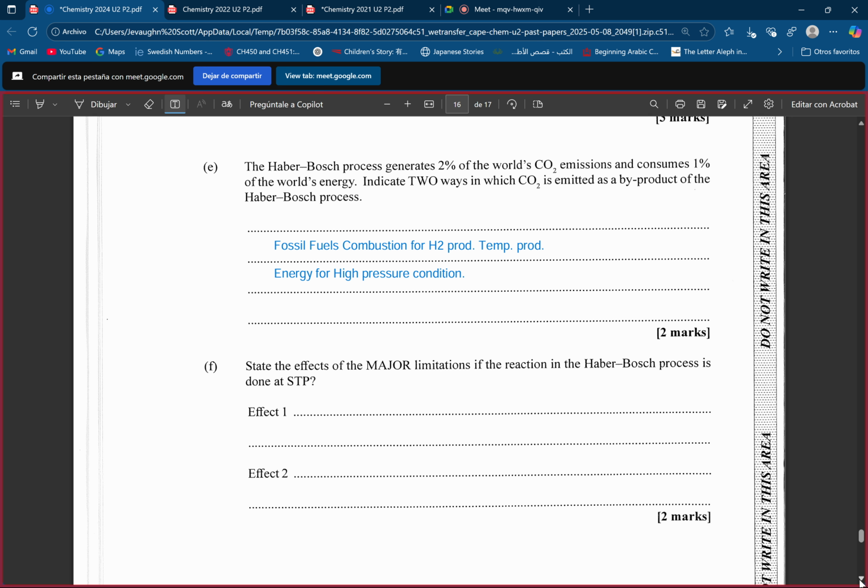So STP, what would STP imply? What does STP mean, guys? What is standard temperature and pressure? Standard temperature is what?